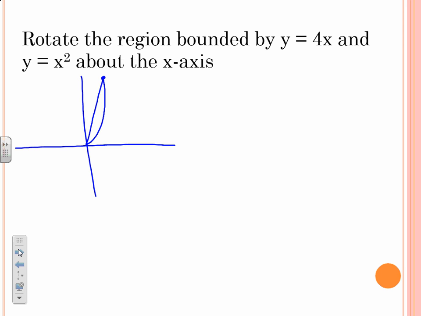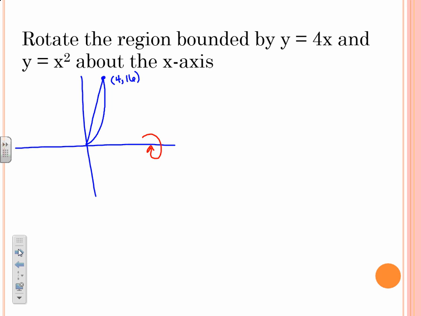What's this coordinate? 0 and 4. When does 4x equal x squared? At 4, 16. We want to rotate about the x-axis.